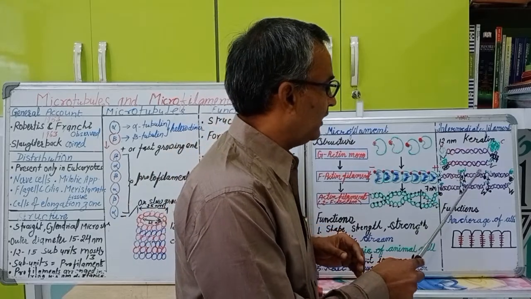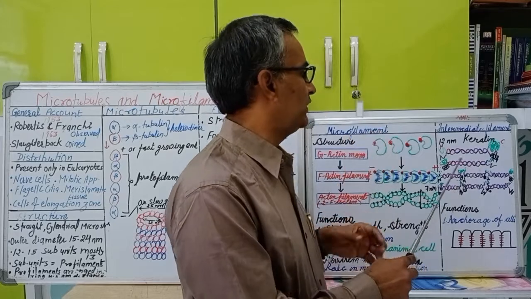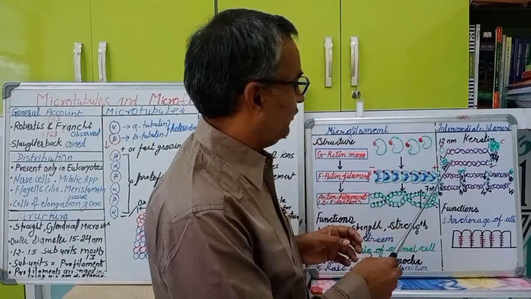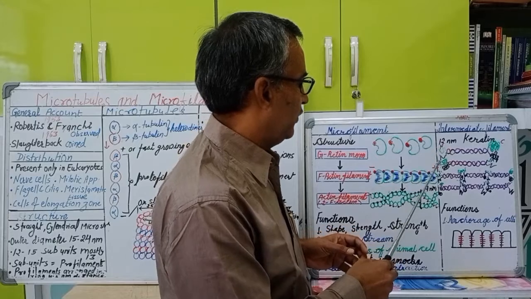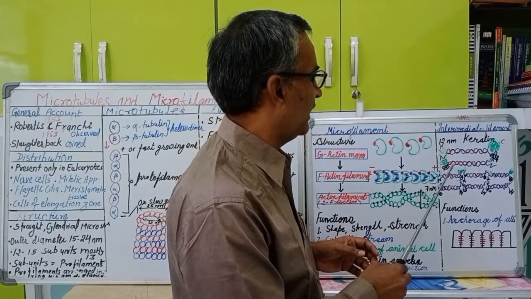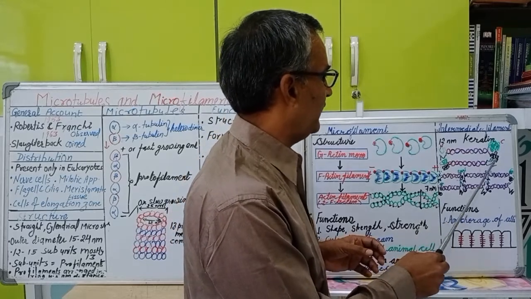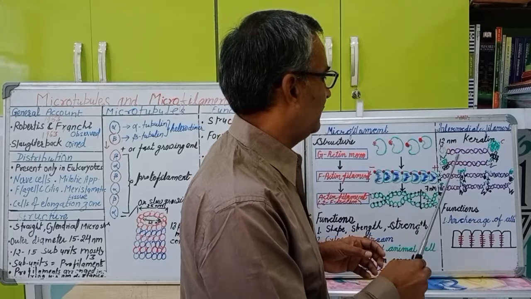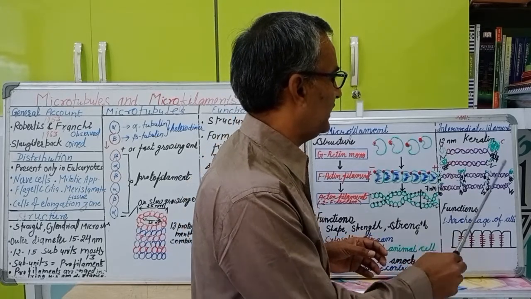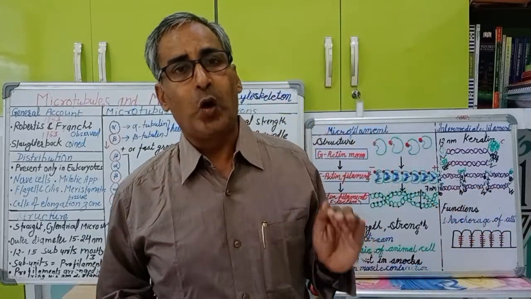Another dimeric structure comes in the opposite orientation, and they intertwine. So for one dimer it is N-terminal here and for the other dimer it is C-terminal here. Here you can see C and N terminal. This way they do not have polarity.